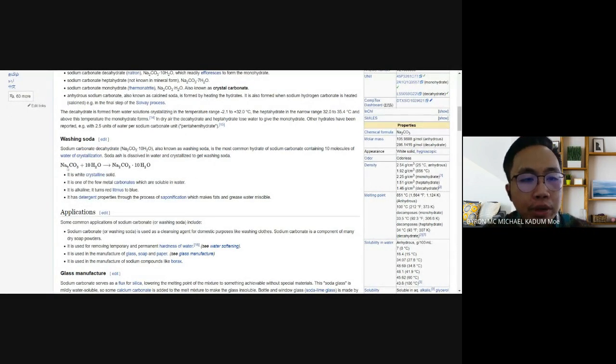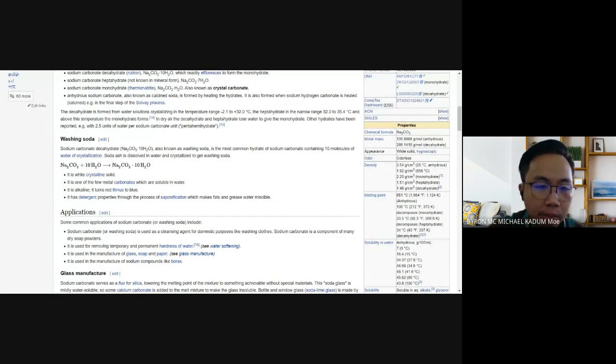Maksudnya, when you have Na2CO3 plus 10 molecules of H2O, you will be making this hydrated Na2CO3, and it will be a white crystalline solid. Dia dalam bentuk solid lah. Okay? Ini yang paling penting. Yang lain-lain ini tidak perlu hirau lah.